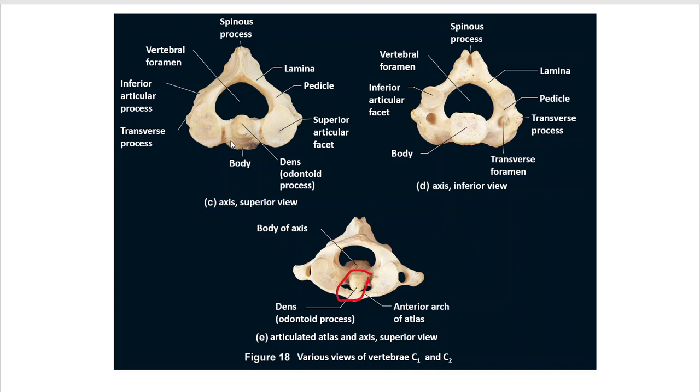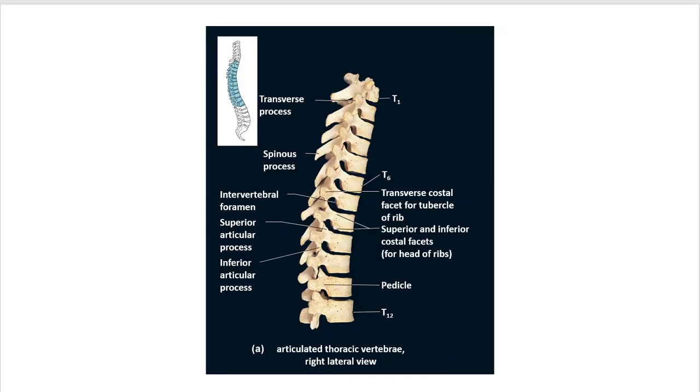Can't see it, but it actually sticks up like this, and the atlas just kind of rotates. So axis C2, atlas C1, pedicle, lamina, all of this. You guys got it. It's just more of the same. Now you can see those intervertebral foramina right there. See how they're made by the coming together of two vertebrae. That's all there is to that.